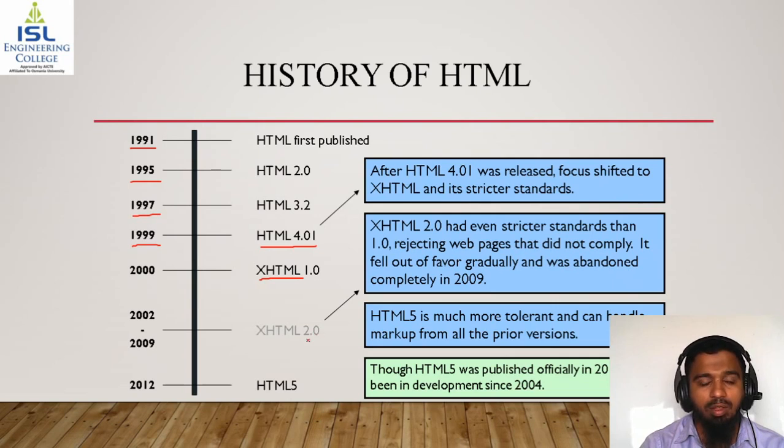After HTML 4.0 was released, focus shifted to XHTML and its stricter standard. XHTML 2.0 had an even stricter standard, rejecting web pages that were not complete, so it fell out of favor gradually and was abandoned completely in 2009.